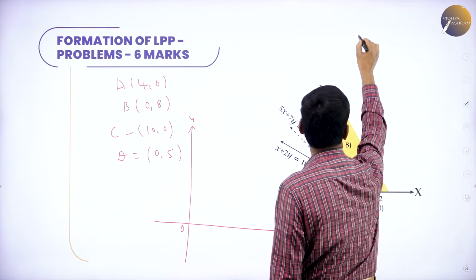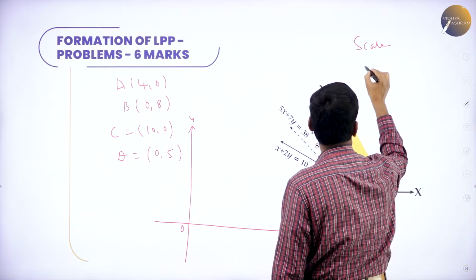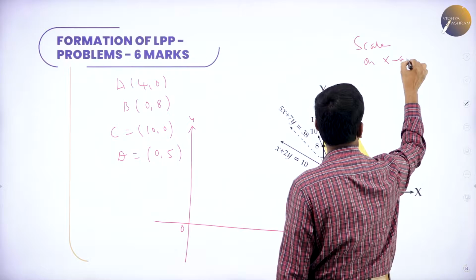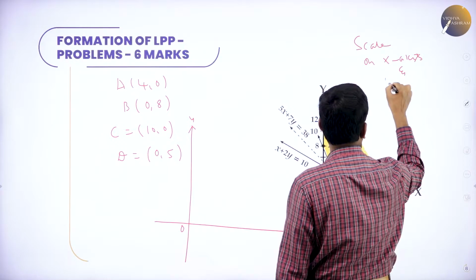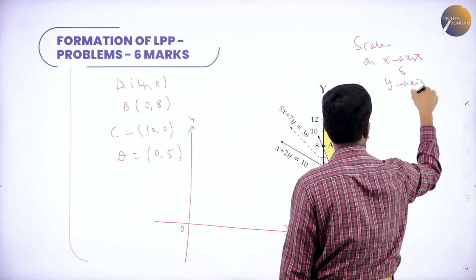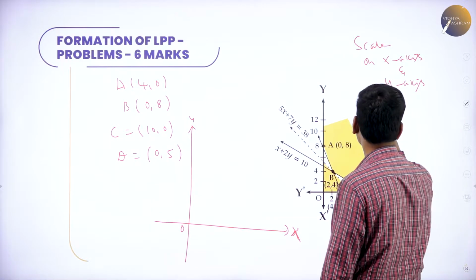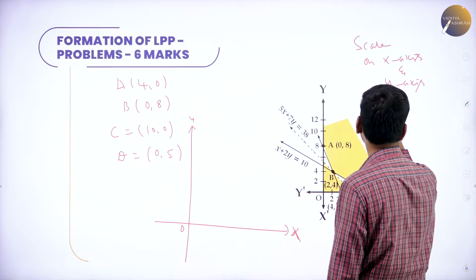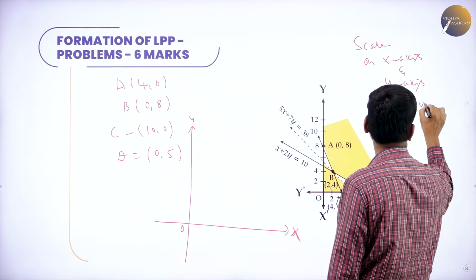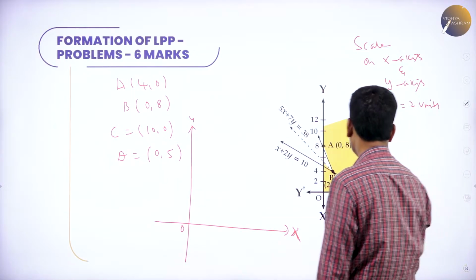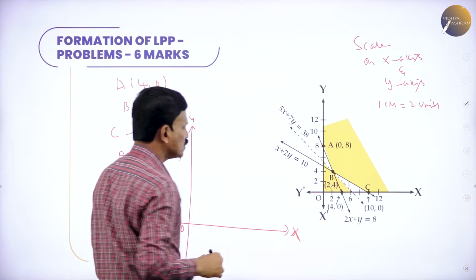Now let us consider the scale on x-axis and y-axis. On x-axis and y-axis, 1 centimeter is equal to 2 units.